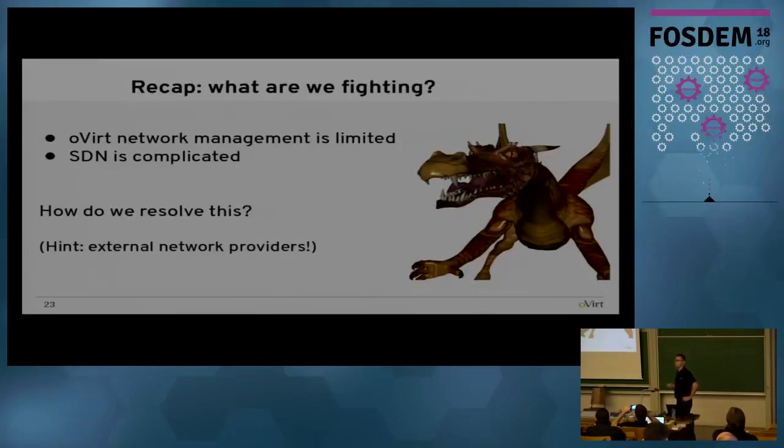The problem with OVN is that oVirt speaks the OpenStack networking API, while OVN only speaks command line, or it speaks the OVSDB protocol. So you have to talk to OVSDB directly. They don't have bigger abstractions like network port. You have to do it all manually.